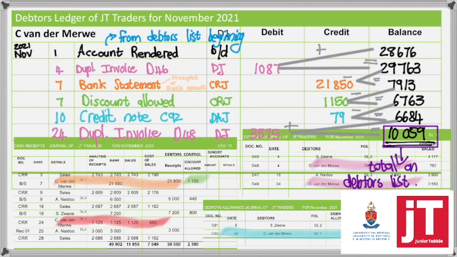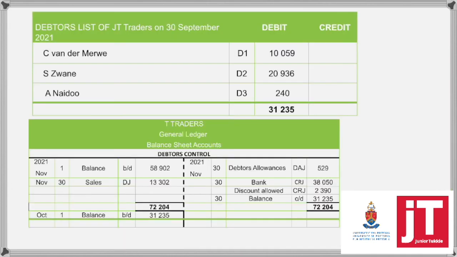So I'm not going to do all of their ledger accounts individually, but just know that the final total is transferred to the debtors list. You will see here the 10,059 is C. Van der Merwe's final total. And then when you finish, you will see 20,936 for Zwane and 240 for Naidu.